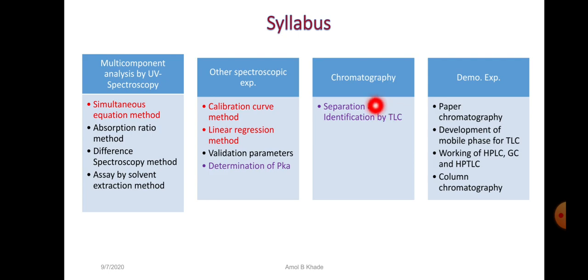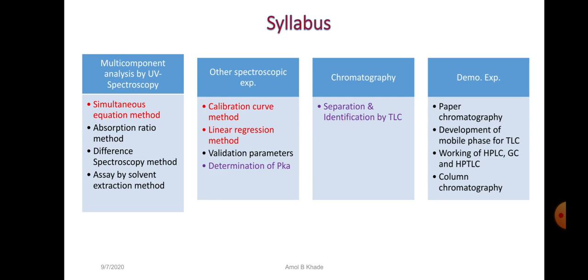And the third part is chromatography. So we will be dealing with separation and identification by thin layer chromatography. This is again one of the minor experiments for the internal as well as the semester examination. The ones which I have indicated in red ink, that is calibration curve, linear regression, simultaneous equation method, are the experiments which are usually asked as a major experiment in the examination, and the ones indicated in violet ink are the minor experiments.